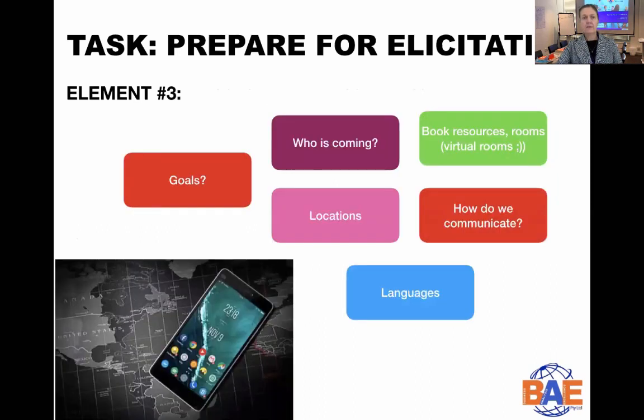All right, so the third prepare for elicitation element is set up logistics. Now, I am not going to spend a lot of time on this. It's about what are the goals for your session, who's coming, where will the location be, is it virtual, is it a physical location, have you booked all of the rooms, have you set up any virtual rooms that you might require, how do you communicate to your participants, so what is the format, how do you invite them, and so forth.